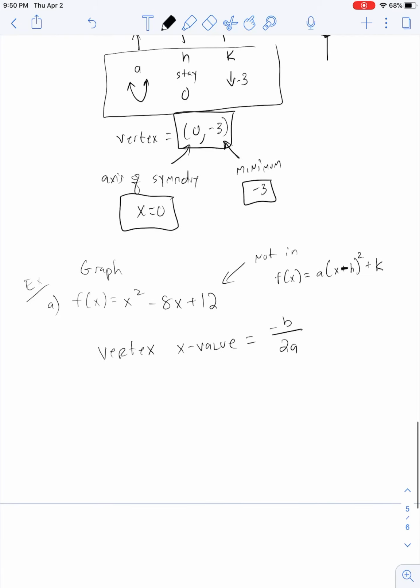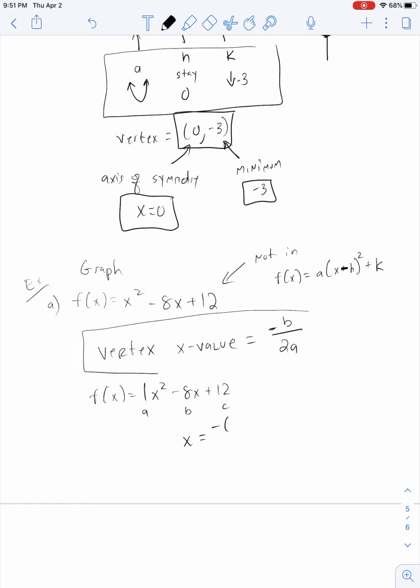So let's take a look here. We have f of x equals, that's like a 1 in front of that x squared, minus 8x plus 12. We call this our a, that's our b, and that's our c. So we can say x equals negative, because the formula is a negative.